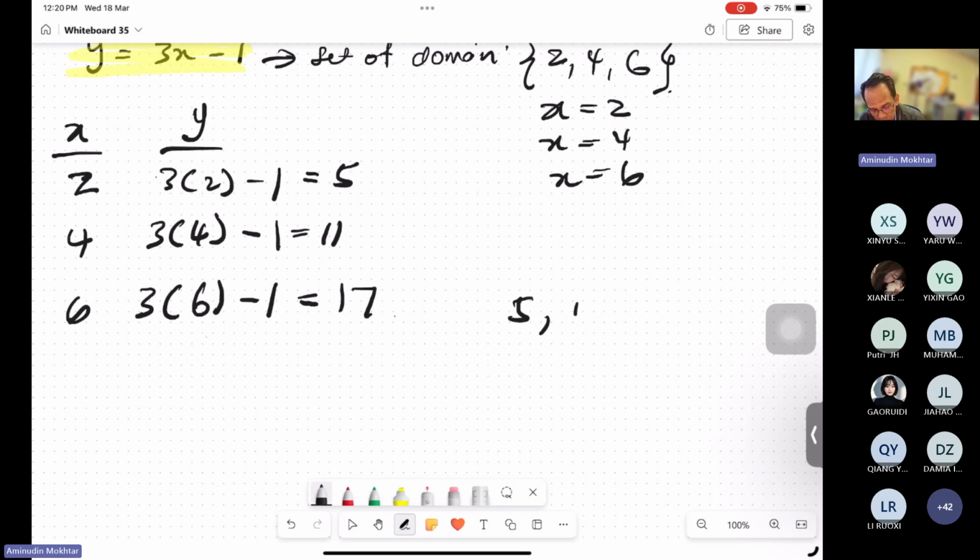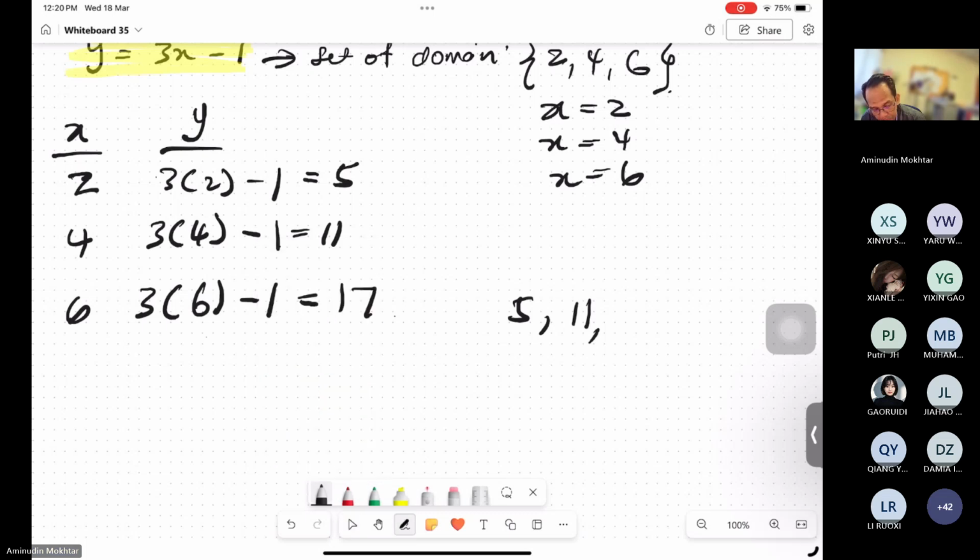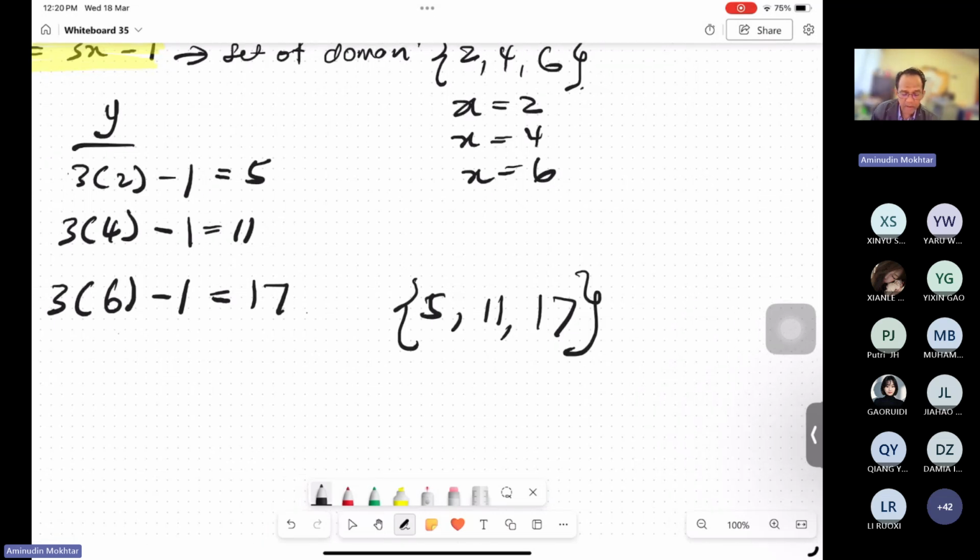Y has 3 values, but the values are subject to x. This set is the set value of y. The set value of y, we call it the range.